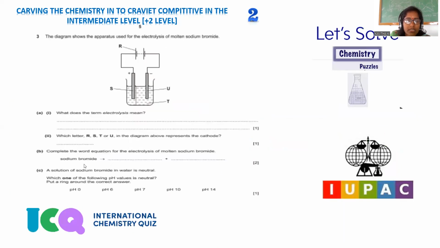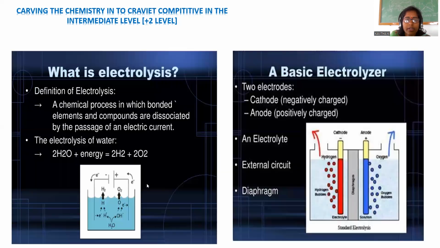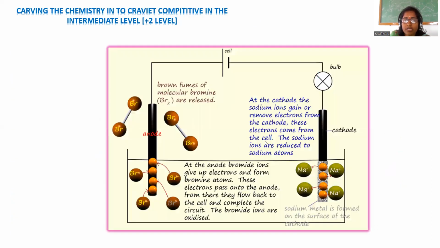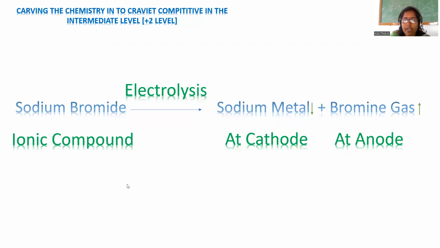Right? The question is, complete the word equation for the electrolysis of molten sodium bromide. If you observe, the sodium cation will accept electrons at the cathode and be converted into metallic sodium. Bromide ions will lose electrons and be converted into bromine and will escape at the anodic compartment, right?